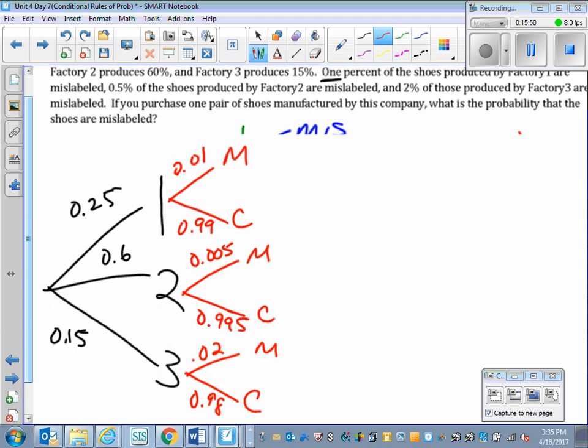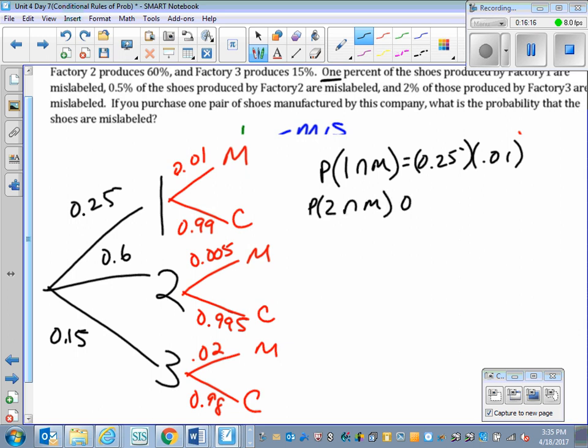So the question is asking us the probability that the shoes are mislabeled. So the probability that they're from factory 1 and mislabeled is going to be 0.25 times 0.01. The probability that they're from factory 2 and mislabeled is 0.6 times 0.005.